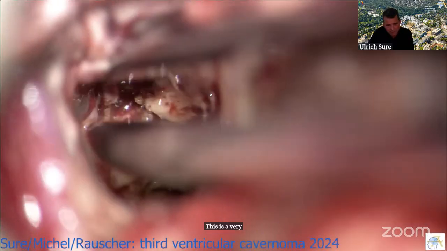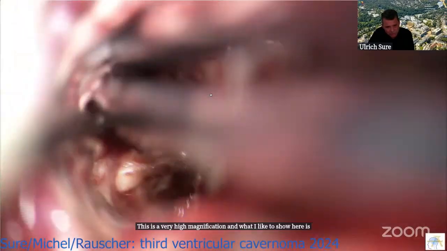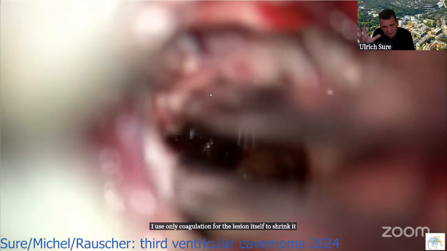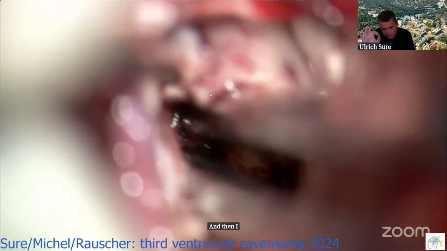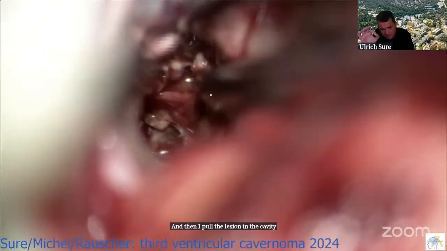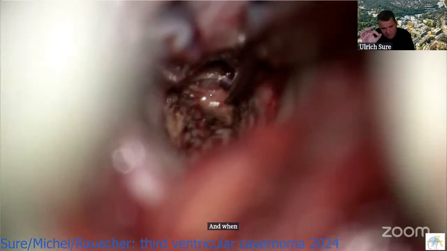And what I like to show here is I use only coagulation for the lesion itself to shrink it and to make it a little bit more hardened, and then I pull the lesion into the cavity that was created by the lesion itself. Yeah, and when I see a very small vessel like here, then I cut it.